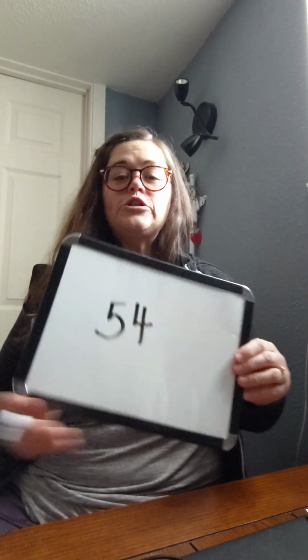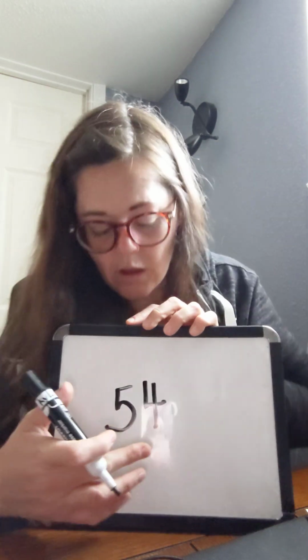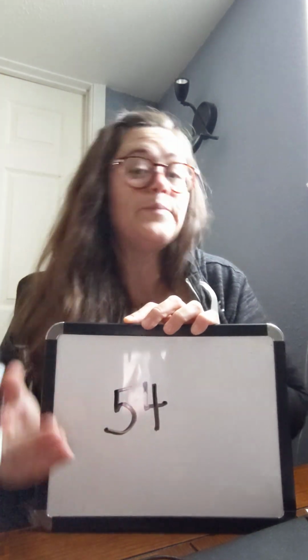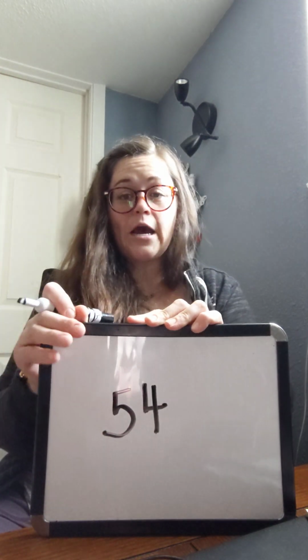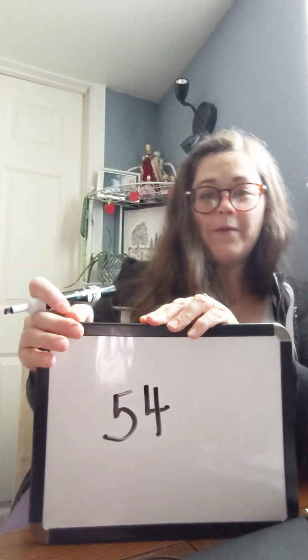All right, 54 should look something like this. Okay, now remember the 5 is in the 10 spot and the 4 is in the 1 spot. So if you would please, on your own, write down how many tens and ones are in this number. I'm going to do it as well.